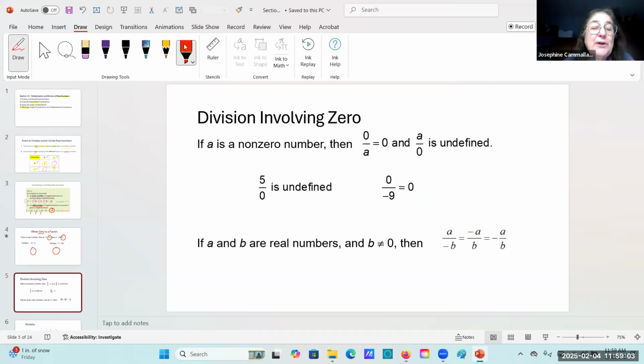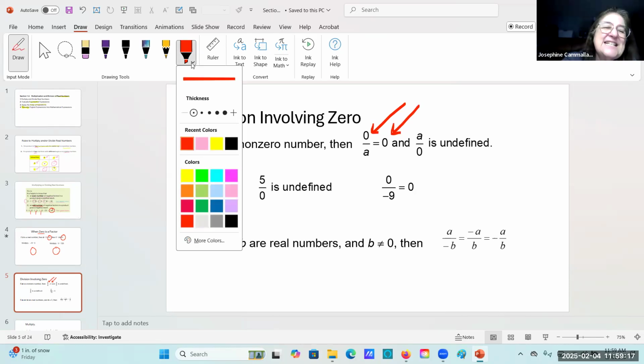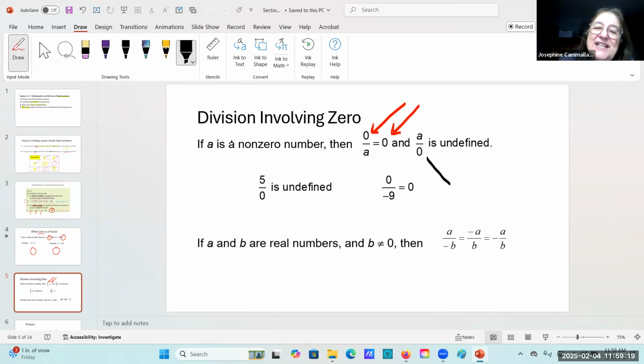Now, this is where you got to be careful. If 0 is the numerator, your answer is 0. But if 0 is the denominator, you have a word, undefined.